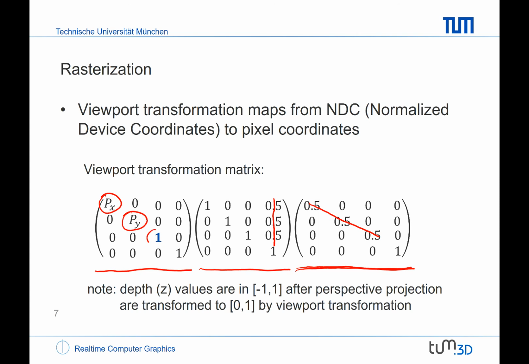And you see that we have a 1 here, meaning that the z value now remains unchanged, so that after the transformation the z values are just ranging from 0 to 1. So yeah, that is the viewport transformation, which now gives for every vertex a pixel coordinate, and keeps the z value of that vertex now as a scalar value between 0 and 1.